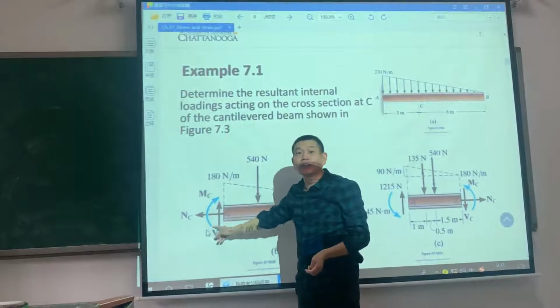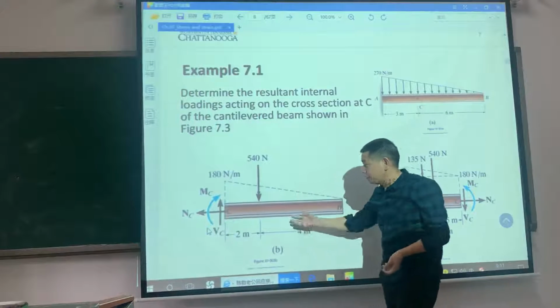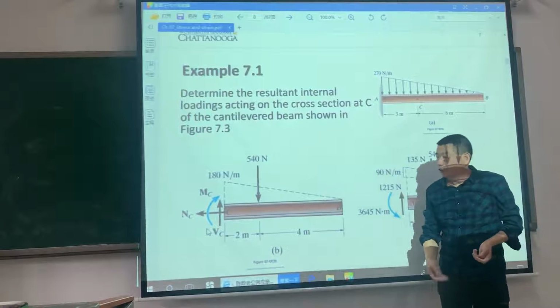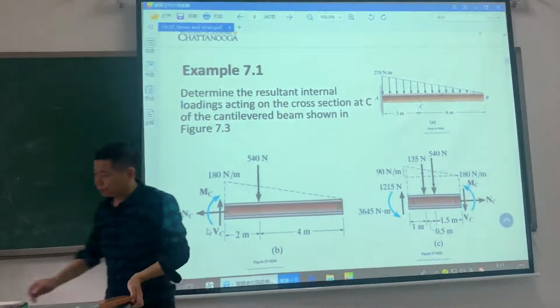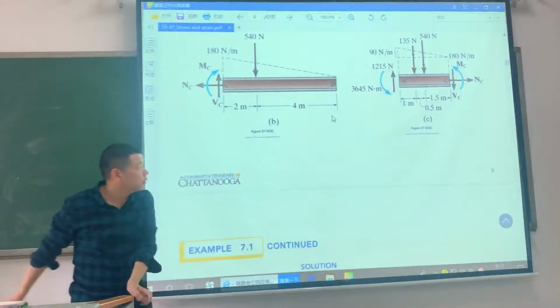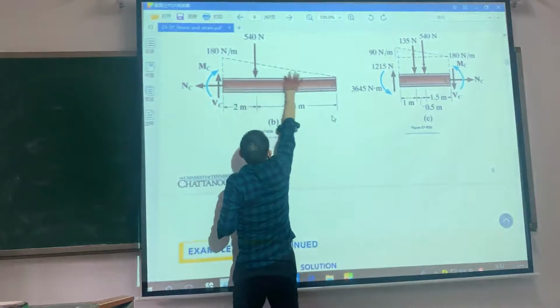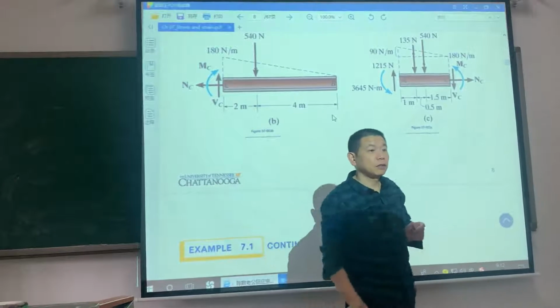It's these forces. From statics, because it's a distributed force, replace it by a concentrated force.